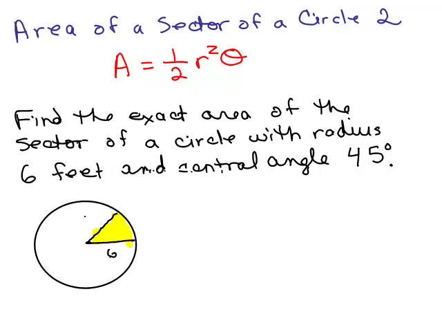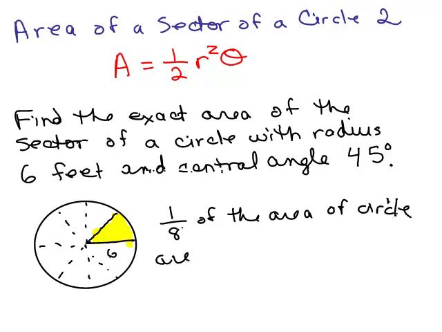So the question is, what part of the circle is this? Well, if this is 45 degrees, imagine that you broke this up. It's not a very good picture here, but basically, that's 1/8 of the circle. So that's 1/8 of the piece of the pie. So that's 1/8 of the area of the circle, right?